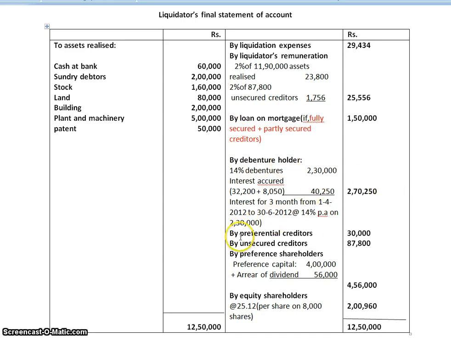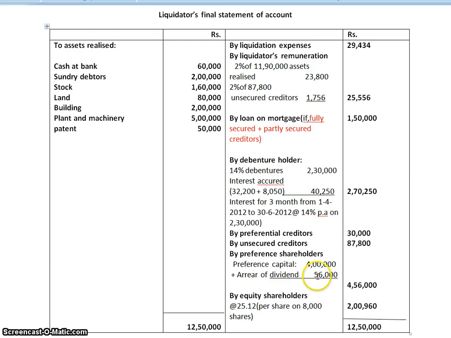Next, the preferential creditor, which is given as 30,000. Then the unsecured creditor, it is 87,800, which we have already calculated. Then next is the preference shareholder. The total amount to be paid is 4 lakh plus arrears of dividend for 1 year.